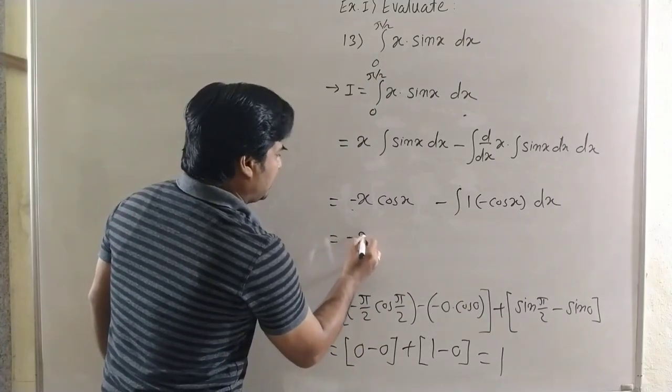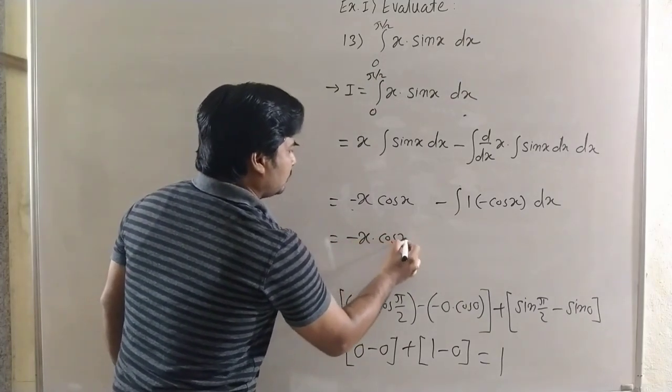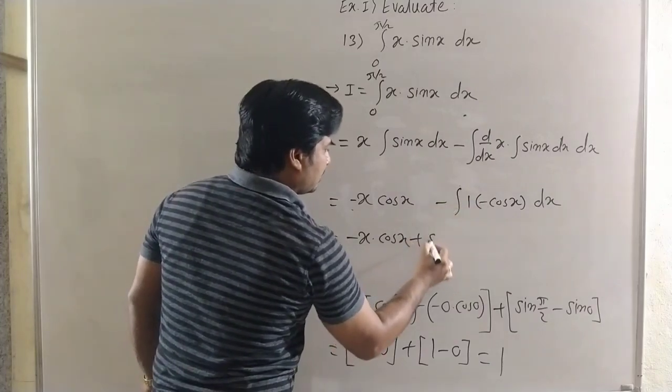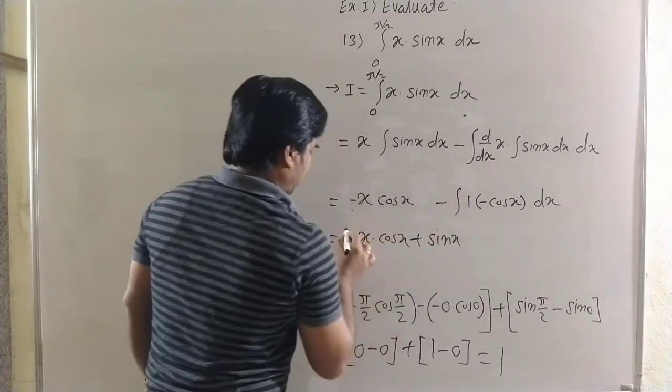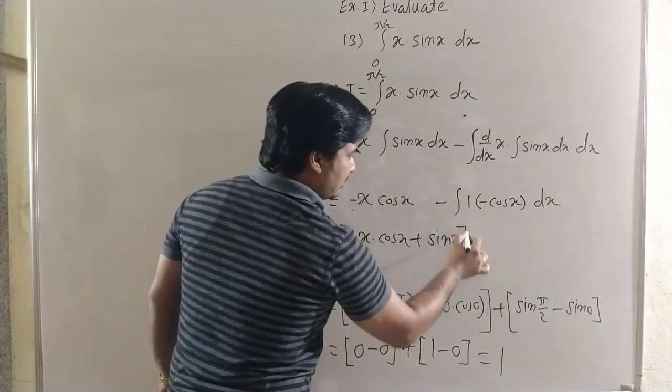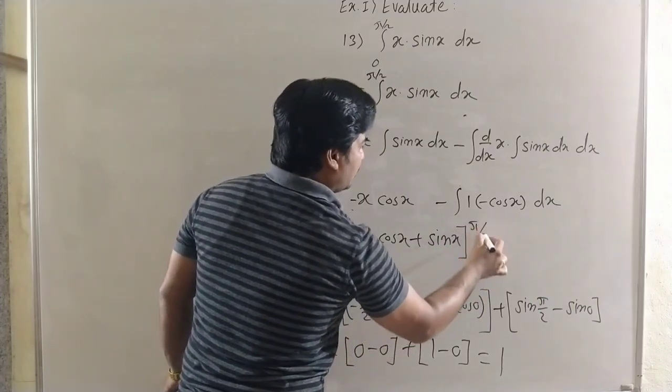It is equal to minus x into cos x, minus minus plus sin x, and now this is the complete integration, limit 0 to π/2.